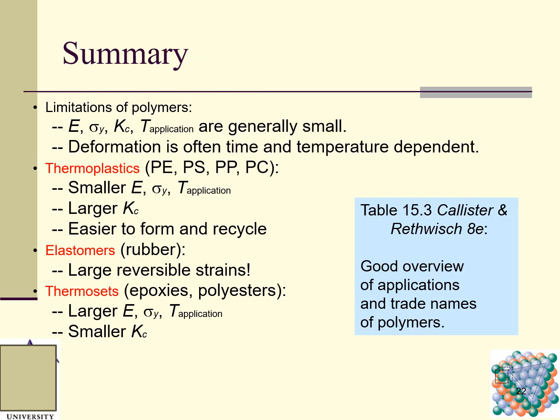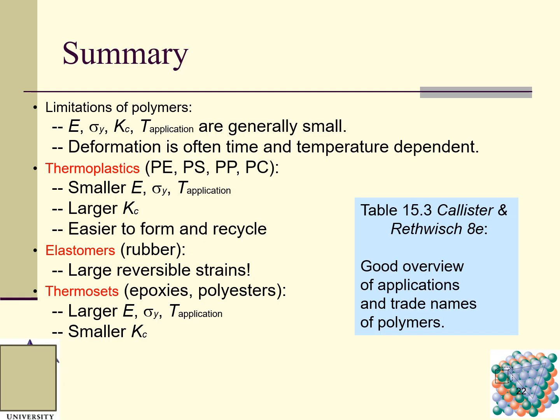The summary of the limitations of polymers. Young's modulus, yield strength, and the critical stress intensity factor, along with operating temperature, are generally low. Deformation is often time and temperature dependent.